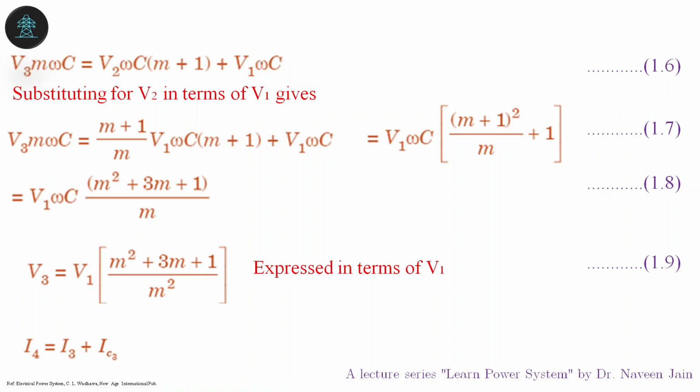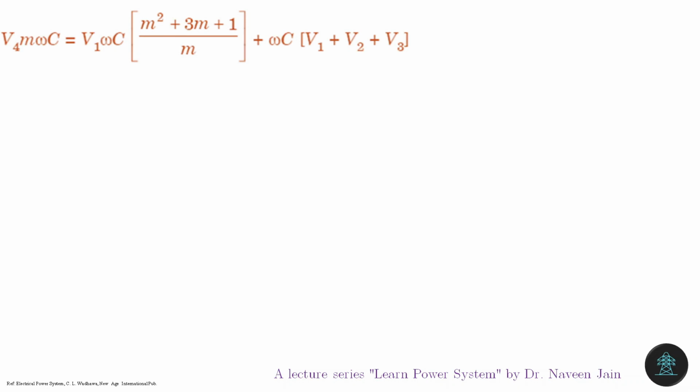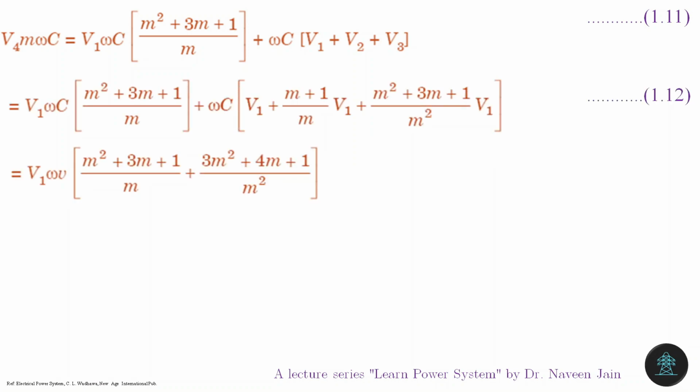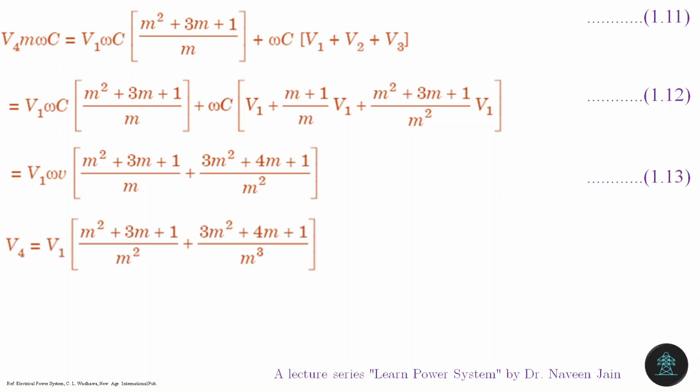Now applying KCL on another node, I4 is nothing but the sum of I3 and IC3. Again, we need to simplify the equation and solve it for V1 only. Now we have the equation only in terms of the variable V1.